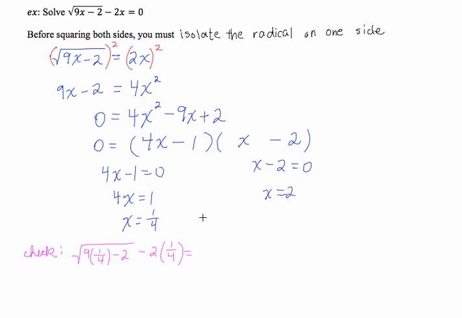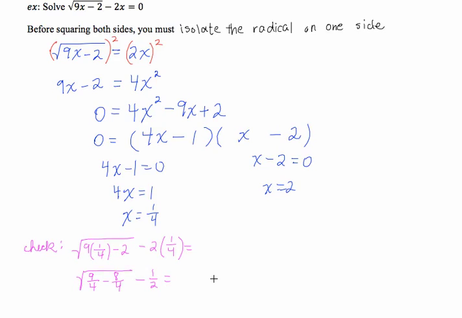Okay, I've plugged in 1/4. I'm just going to keep going with this and see if I get 0. So we have the square root of 9/4 minus 2. I'm going to need a common denominator, so how about 9/4 minus 8/4? 9/4 minus 8/4 is 1/4.